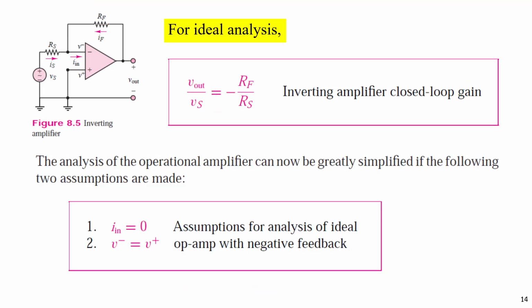For ideal analysis of the inverting amp closed loop gain V out, this is our assumption: op amp with negative feedback, and an ideal op amp. So these are the two assumptions we use for our analysis here.